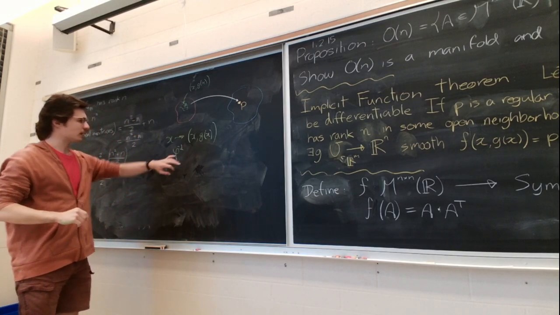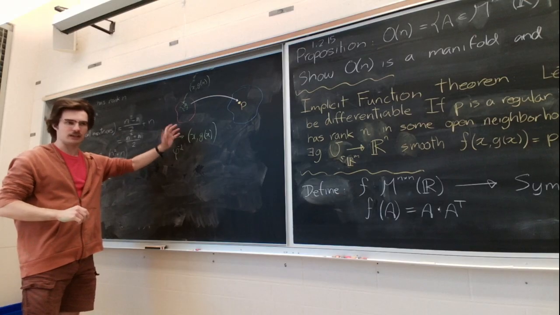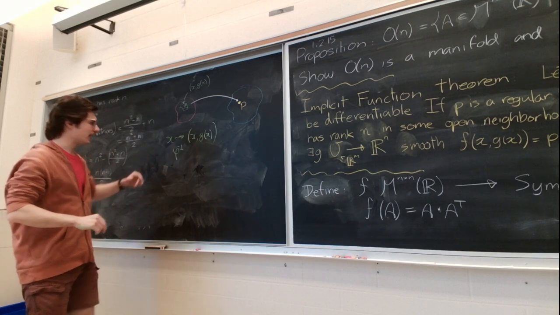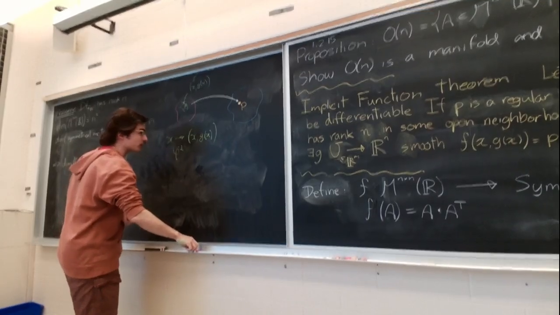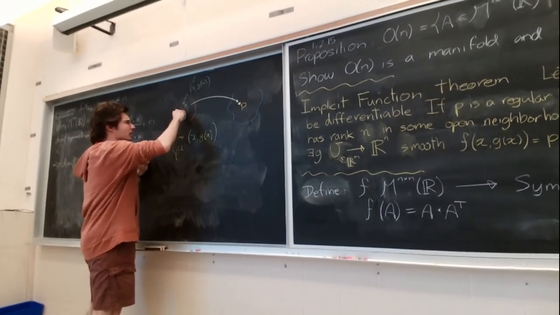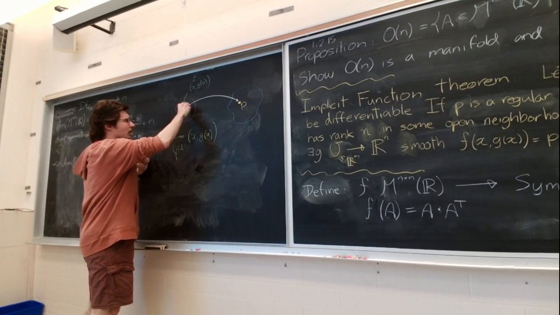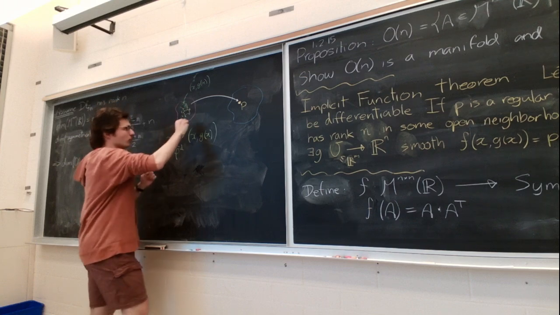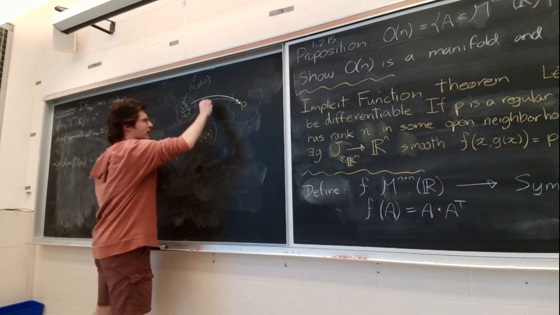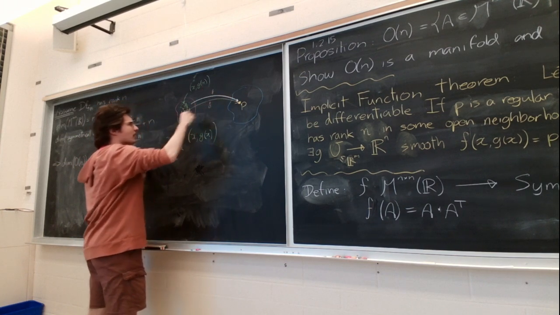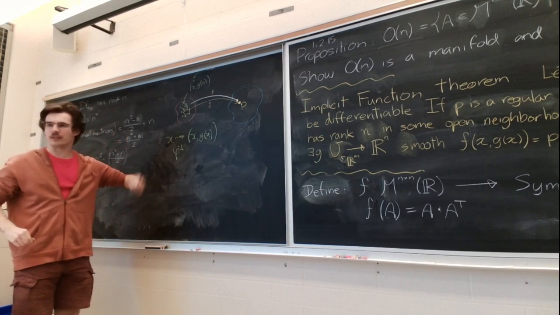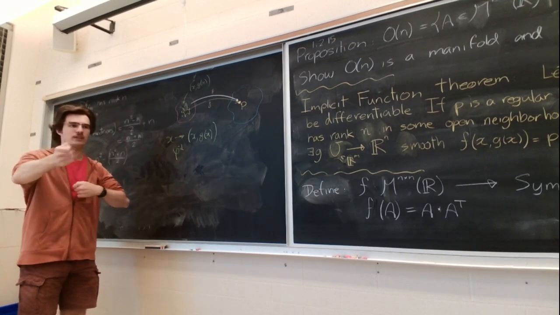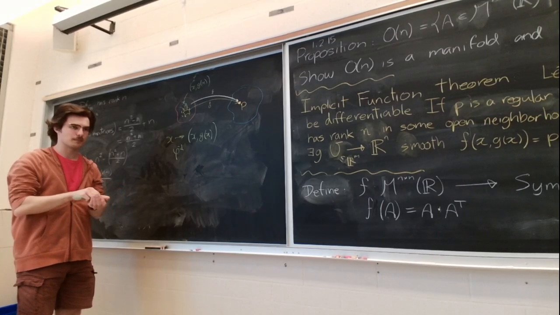I need to show that, first of all, this is invertible, and that if I had some other coordinate chart for some other surface here, which also gets mapped to P by the same map, then on this intersection, the coordinate charts have the transition maps.